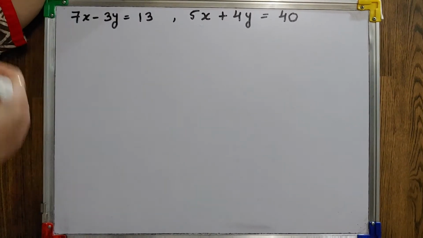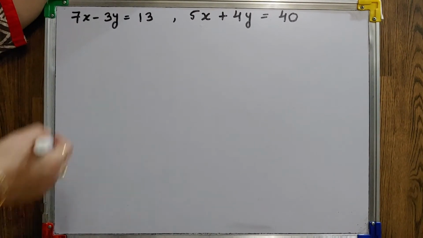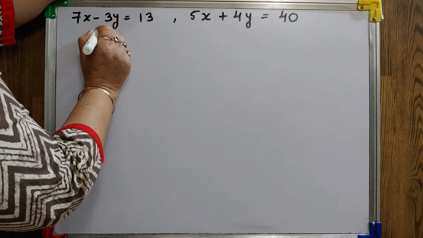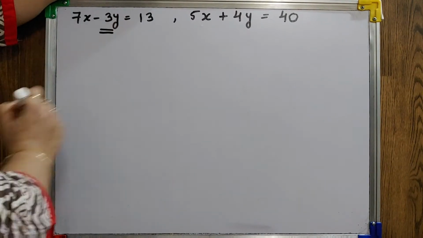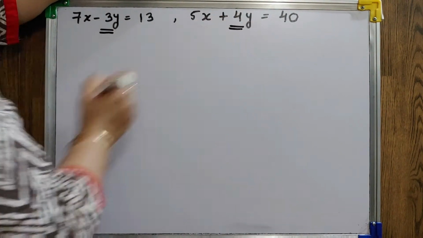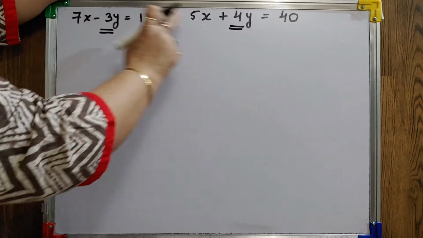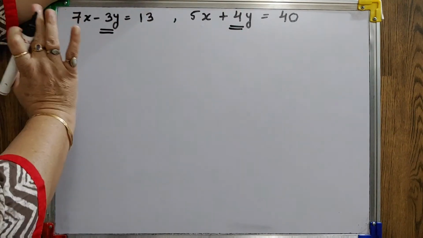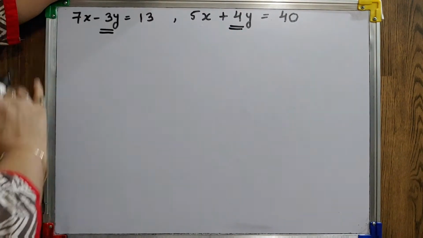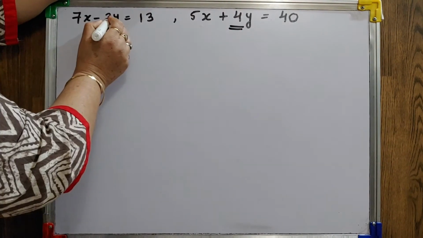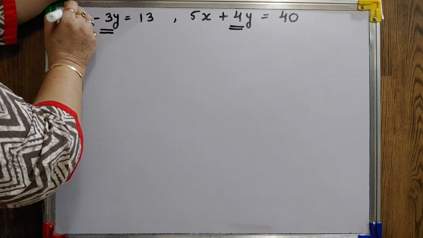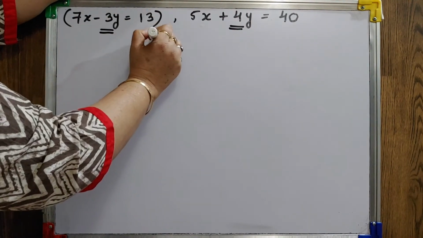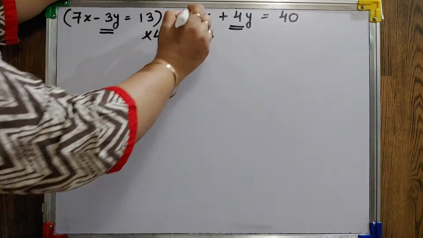Students, we will solve one more sum to clarify the method. Now, here I have -3y plus 4y. They should be of opposite sign. Both the variables have coefficients with opposite sign. Now here it is 3, here it is 4. If I multiply this equation with 4, it will become 12.